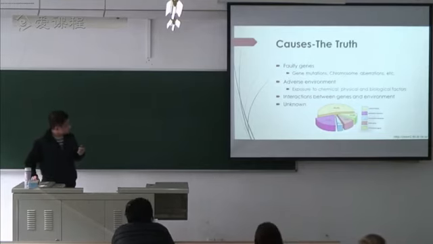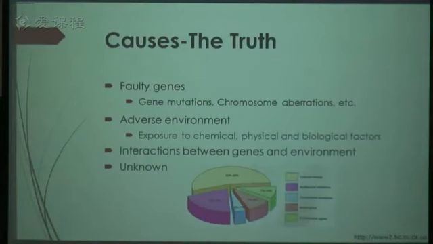Although we don't know the cause of every birth defect, in fact, most birth defects have unknown etiology, we generally know these types of reasons for birth defects. The first reason is genetic reasons, like faulty genes. For example, when genes get mutated or the chromosomes have some aberrations, we will have birth defects manifested.